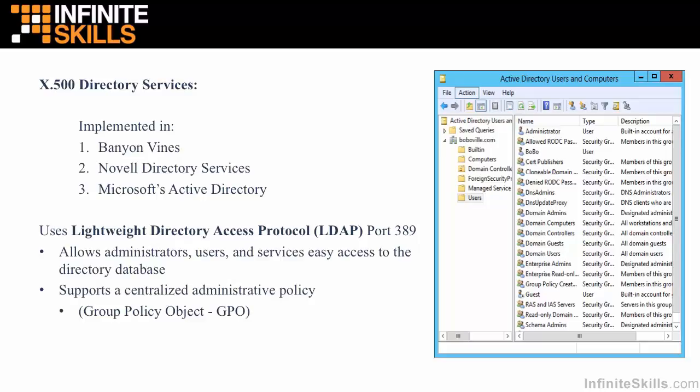Novell followed and called theirs Novell Directory Services, and finally Microsoft came into play in the year 2000 with Windows Server 2000. Now, the Microsoft Active Directory has dominated that network operating system marketplace, and we no longer see Banyan Vines or Novell Directory Services in most environments. It's been pretty well replaced with Microsoft's Active Directory.